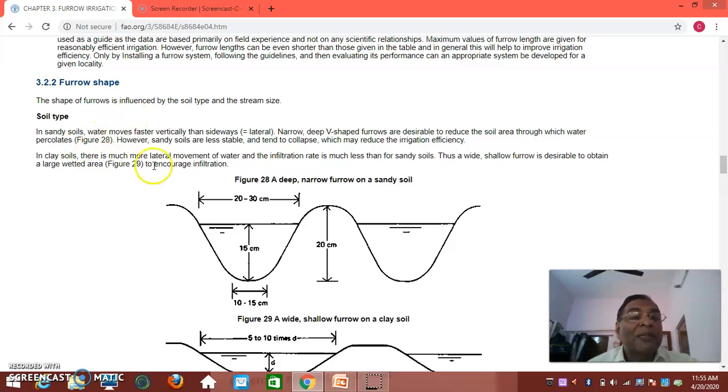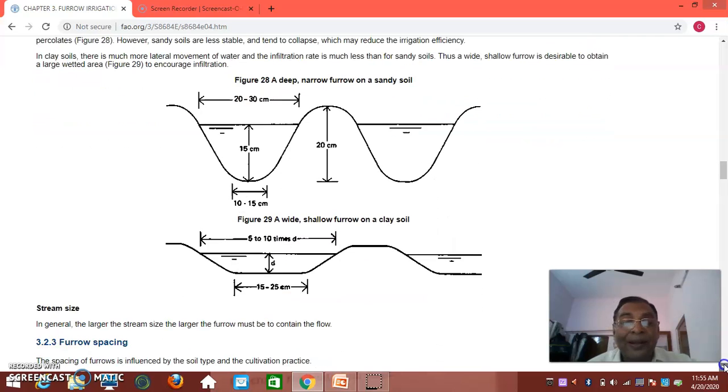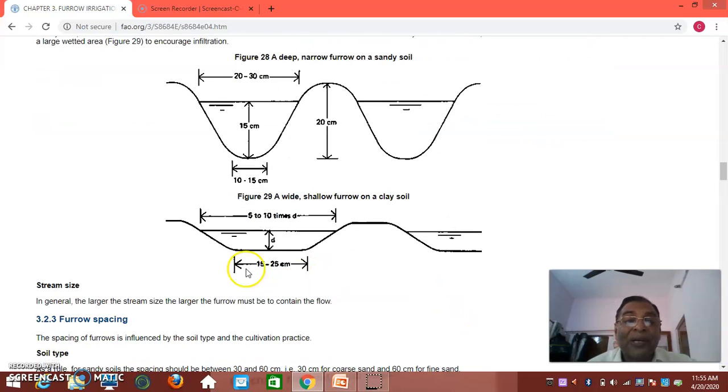Just for shape, you can see these are the deep furrows, 20 to 90 centimeters, 15 centimeters in height. These are shown for your idea. And this is a somewhat wider figure, wide but shallow. The base is 15 to 25, but the top is 10 times D.